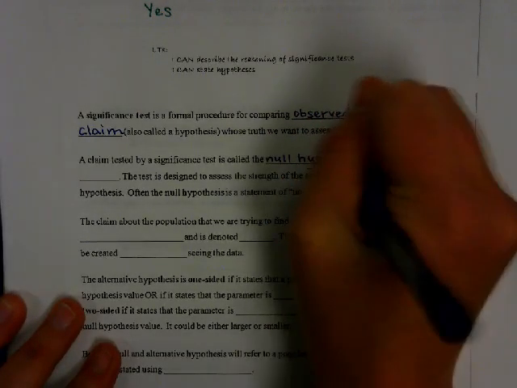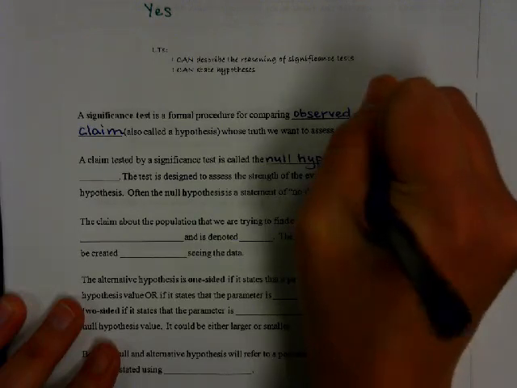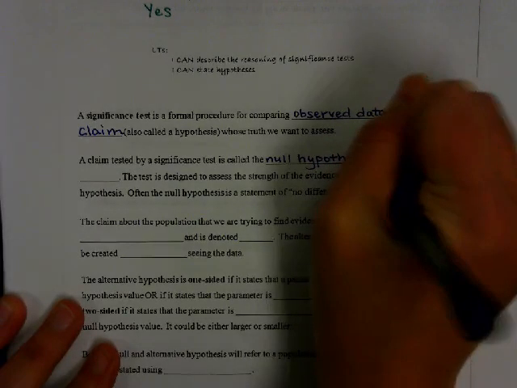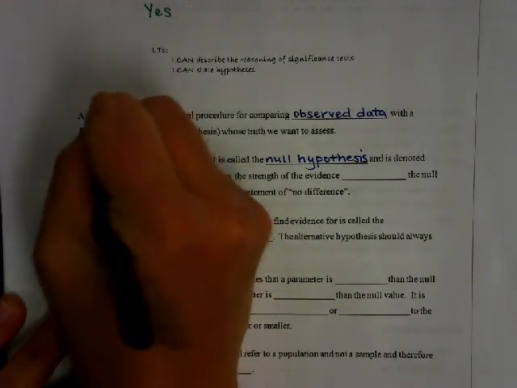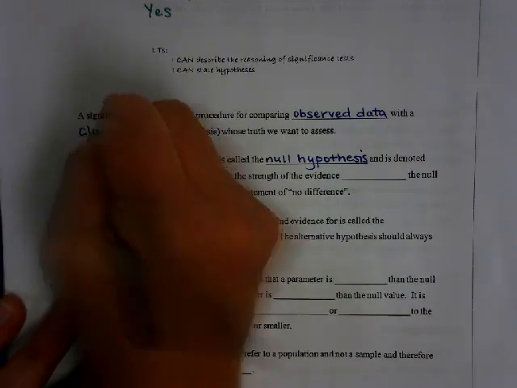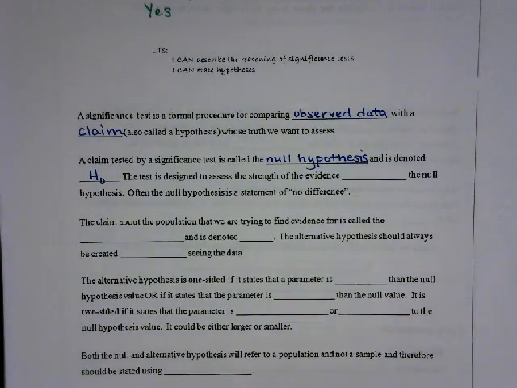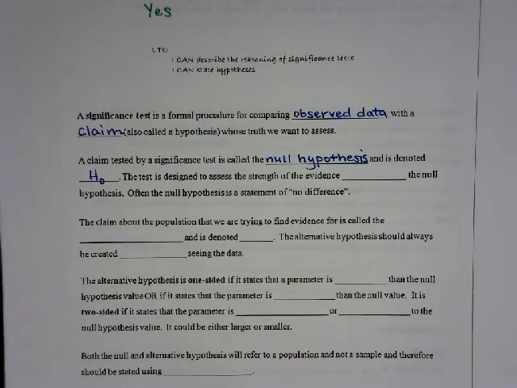We have a special notation for it. It's a capital H, and then in the subscript we put a 0 or an O, whatever you want to call it. We say H null. I have heard H naught. I think they use H naught in biology.